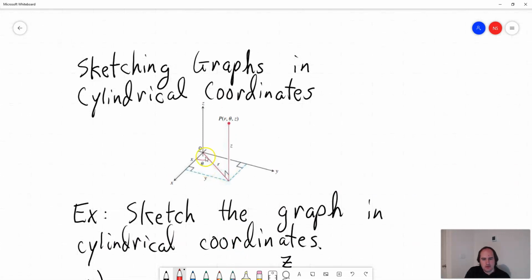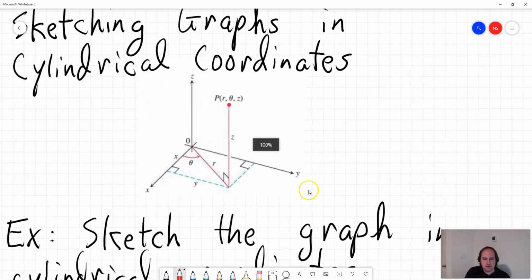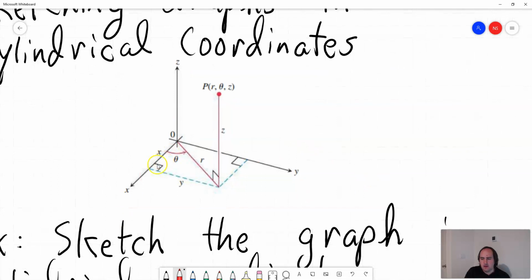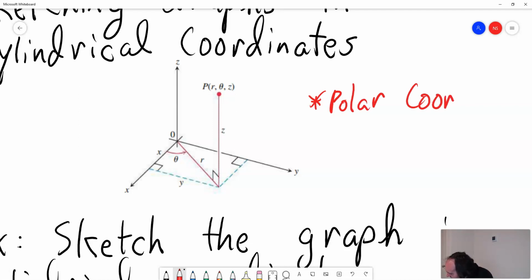So if you look back at the original sketch that we have here, which I obviously didn't draw because it's such a nice picture. Here we have r is the radius, theta is the angle, and that's in the xy plane. That's actually polar coordinates in the xy plane.